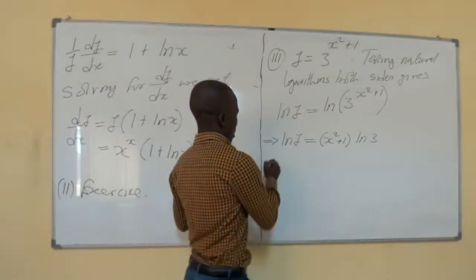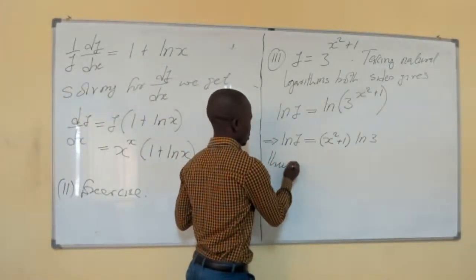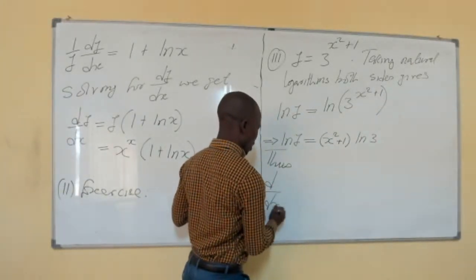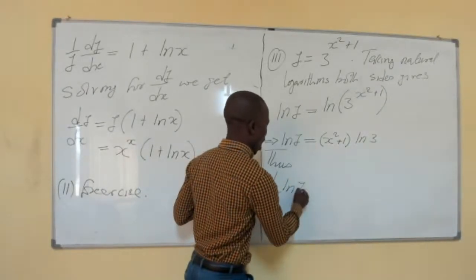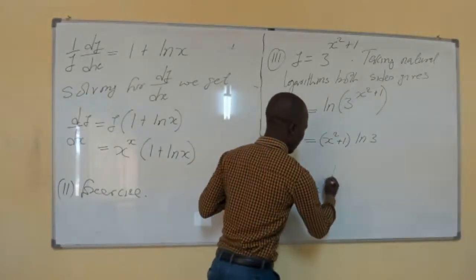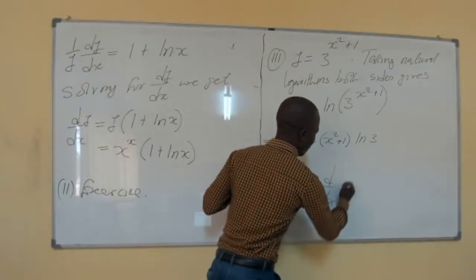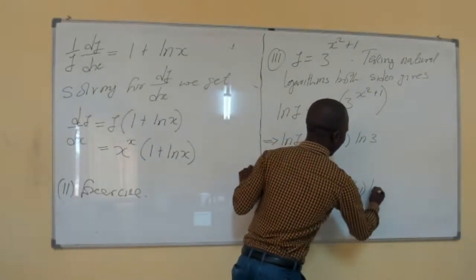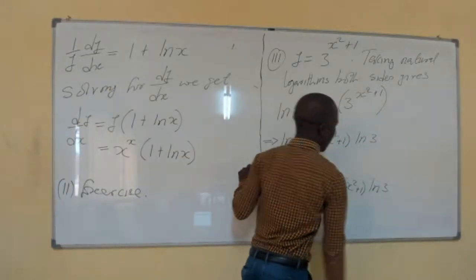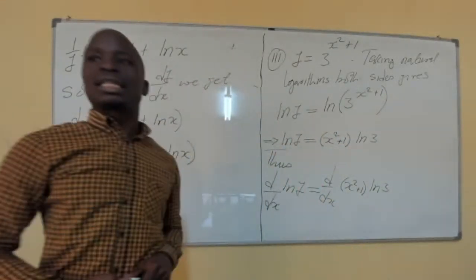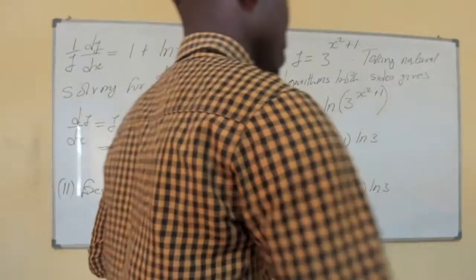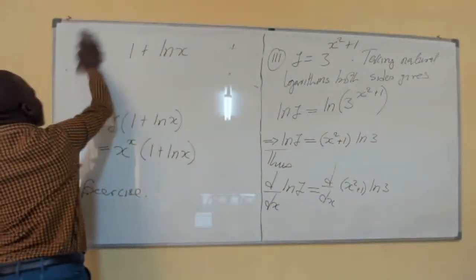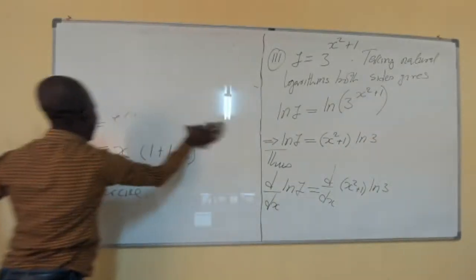So the derivative with respect to x of ln of y is the same as the derivative with respect to x of x squared plus 1 times ln of 3. Remember, ln of 3 is just a number, so it's a constant. If you punch ln of 3 on your calculator, it will give you a number. This is not a variable, so it's a constant.